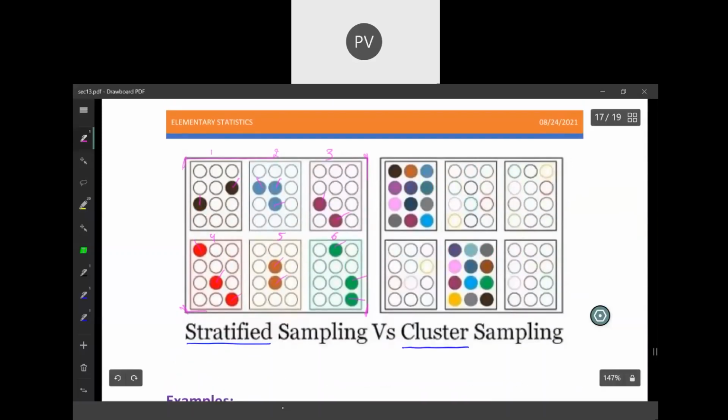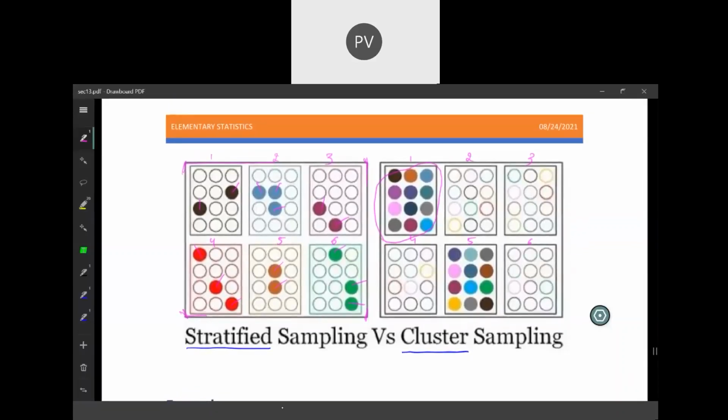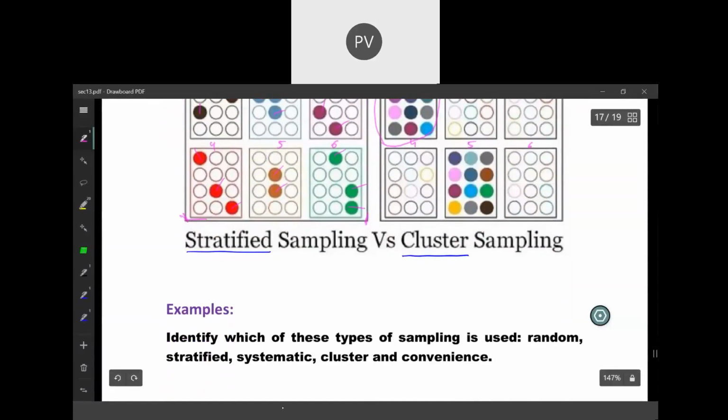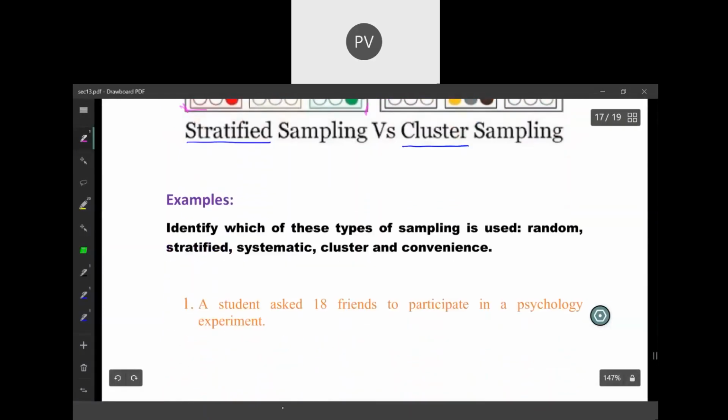Whereas in cluster sampling, you will be dividing the same population into the same 6 groups or clusters, but while selecting the sample, you have to choose the entire subgroup. You have to choose the entire clusters. That is the main difference between stratified sampling and cluster sampling.